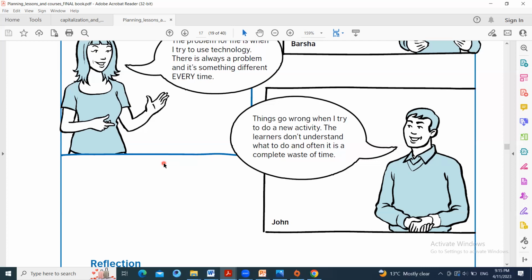Sometimes you'll find some students who know more than you. So you can ask them even to help you in using such type of technology. Always have a plan B. What will you do if the technology fails and you can't continue with your lesson?